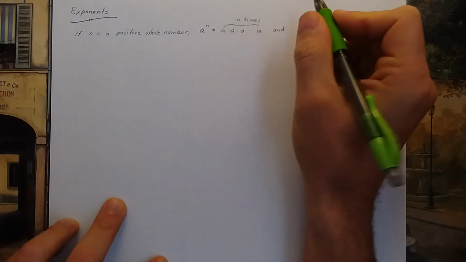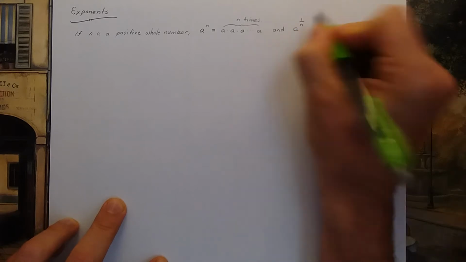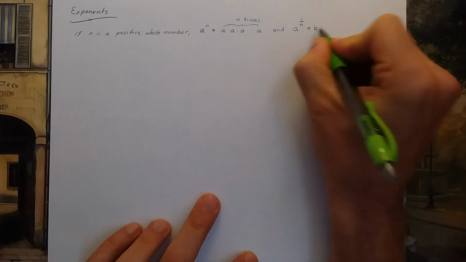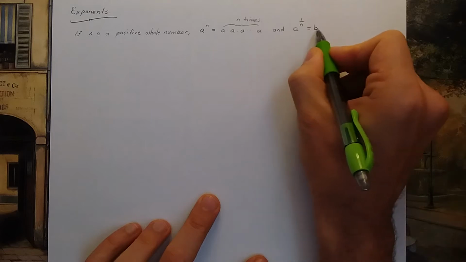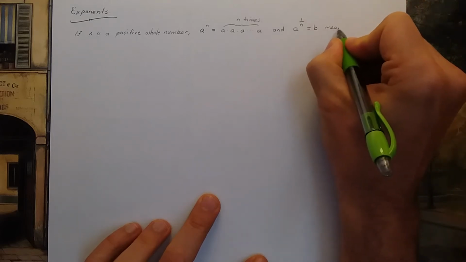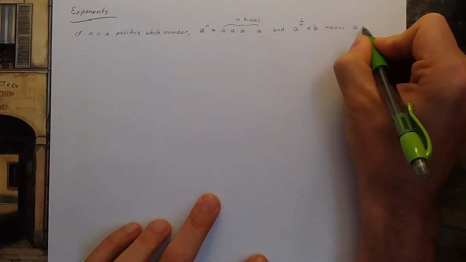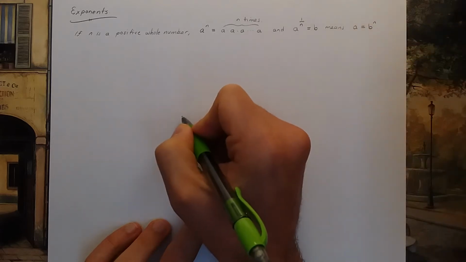You could also have a raised to a fraction power like 1 over n. And what this means is if you have a to the 1 over n power equaling b, this means that a is really equal to b to the n power.